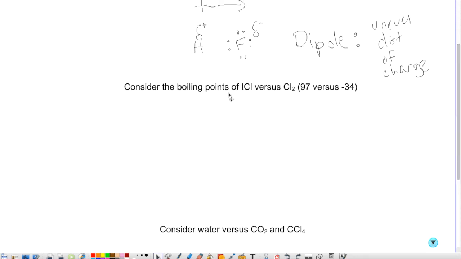Now let's consider the boiling points of ICl versus Cl2. Okay, ICl has a boiling point of 97 degrees versus Cl2, which has a boiling point of negative 34. Well, what is boiling? Boiling is putting things into the gas phase, right?